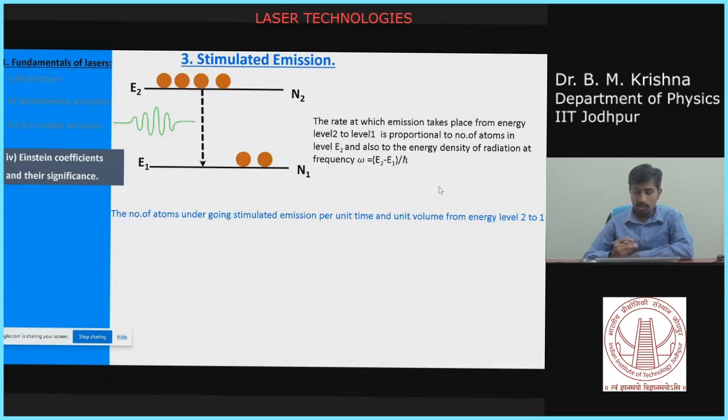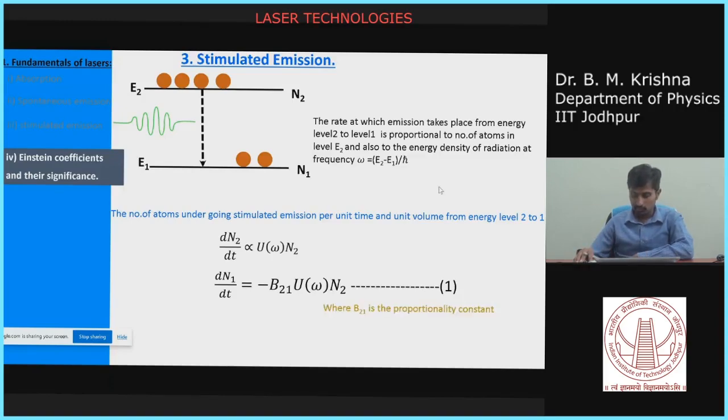The number of atoms undergoing stimulated emission per unit time and unit volume from energy level 2 to energy level 1 is nothing but dN2 by dt, the rate of change of the atoms in the excited state E2, proportional to the incident energy density of the radiation and the number of atoms in the excited state N2. If you remove the proportionality constant, you get minus B21, where minus is a convention because the transition is happening from E2 to E1. So B21 is the proportionality constant.